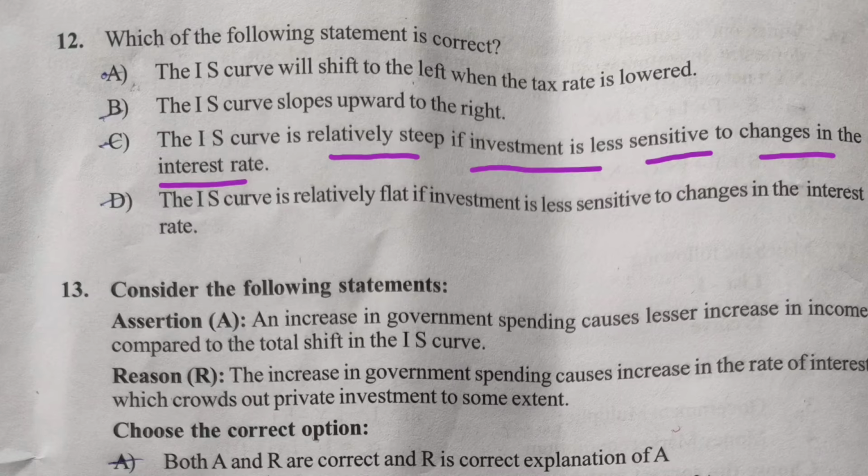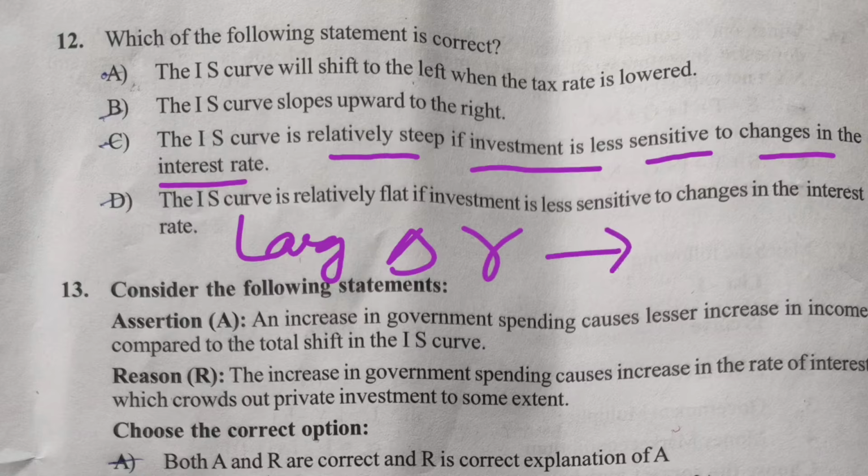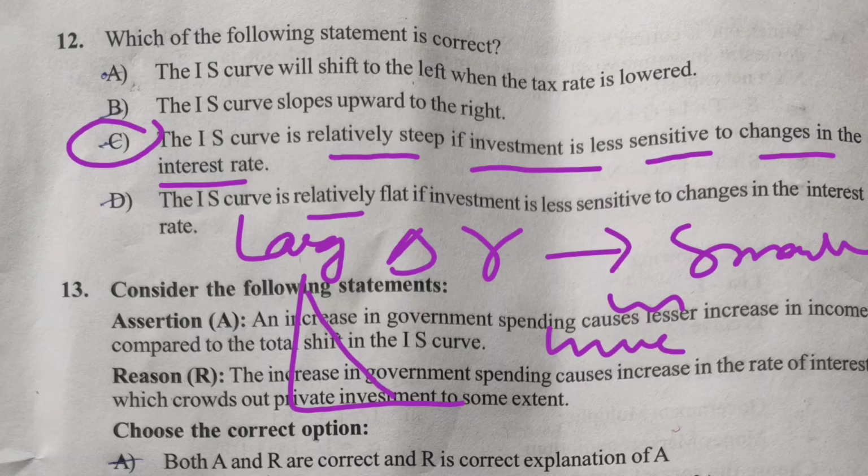A large change in the interest rate is required to cause a small change in investment, and consequently we will have a steeper IS curve in this case. So C option is correct. D option is the IS curve is relatively flat. No, it cannot be flat if investment is less sensitive to changes in the interest rate, because C option is correct, D is incorrect here.